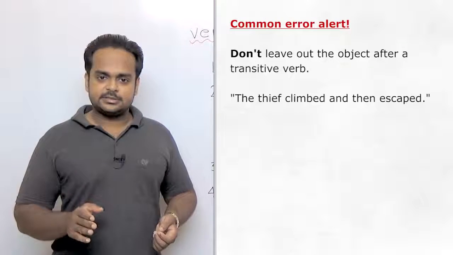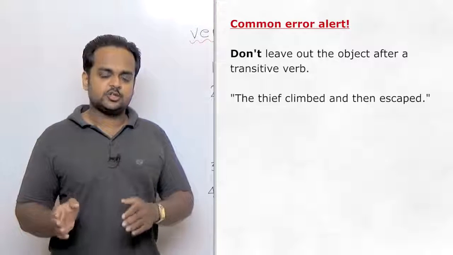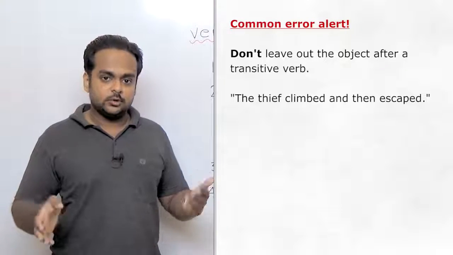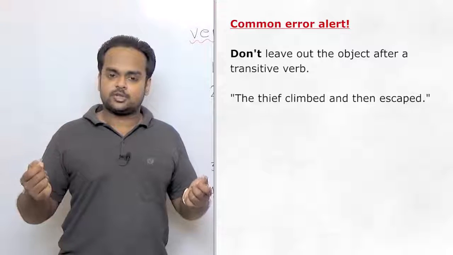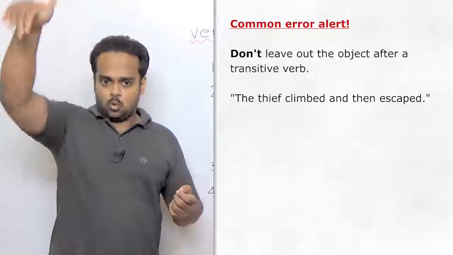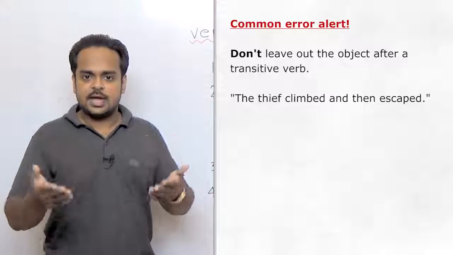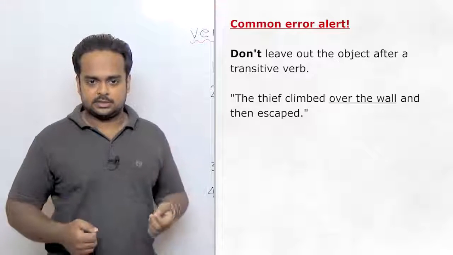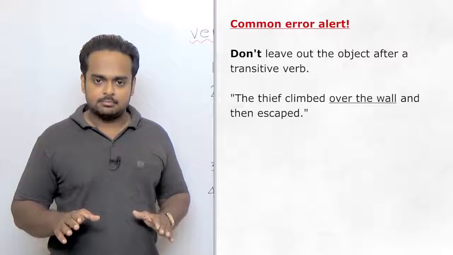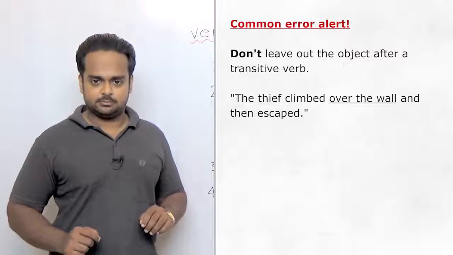Well, the mistake is that the verb climb is a transitive verb, and you need to say climbed what? You need to say an object. Now, in your mind, you might have a picture of a thief climbing over a wall and then running away. But you need to say that. You need to say the thief climbed over the wall and then escaped. So don't make that mistake of leaving out the object after a transitive verb.